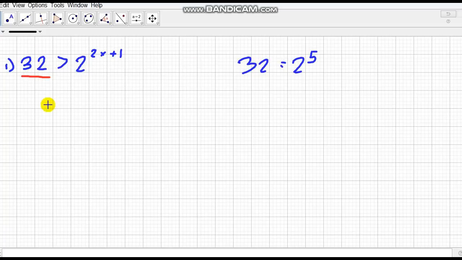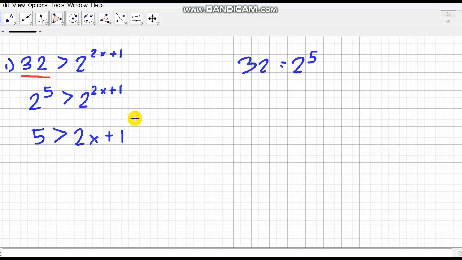So we can rewrite 32 as 2 raised to the 5th power is greater than 2 raised to 2x plus 1. Note that they have the same base but different exponents, and they're separated with a greater than symbol. So using the first property, we may say that 5 is greater than 2x plus 1.